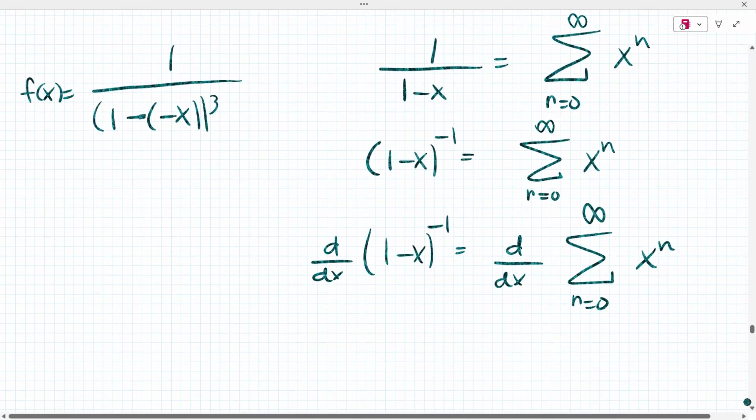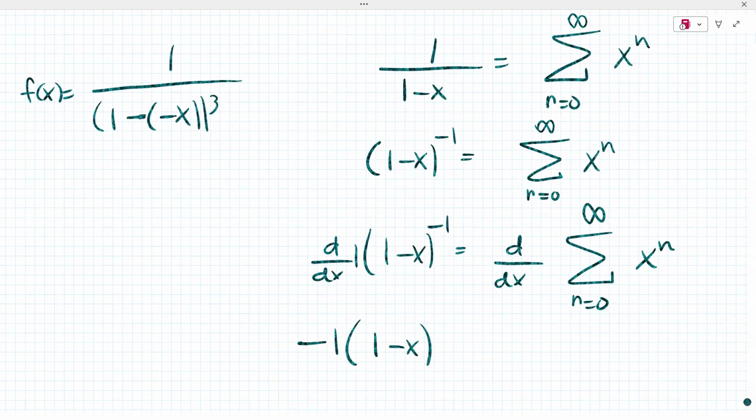We start with the power rule. So negative 1 times 1 is negative 1. And then you have 1 minus x, and then old power minus 1, so negative 2. And then apply the chain rule, so the derivative of the inner parentheses. The derivative of 1 is 0, the derivative of negative x is negative 1. Over here, this is easy. How do you take the derivative of this?